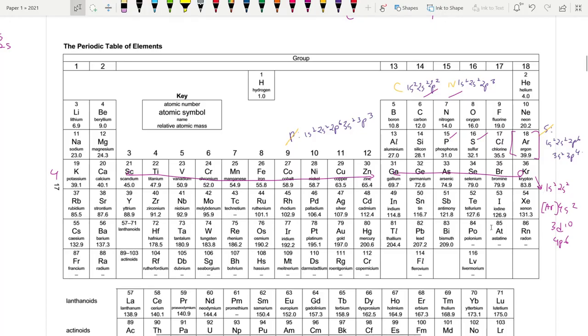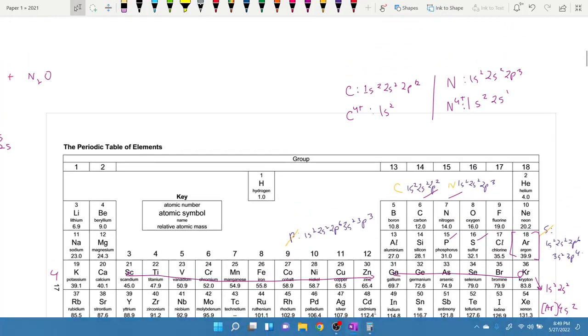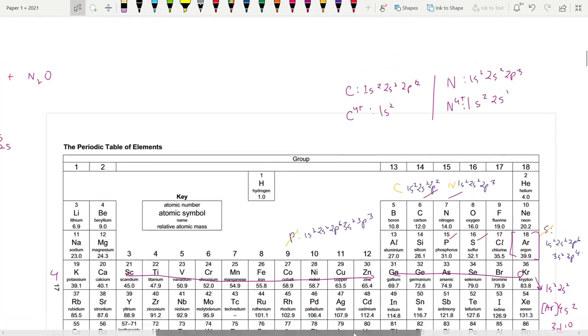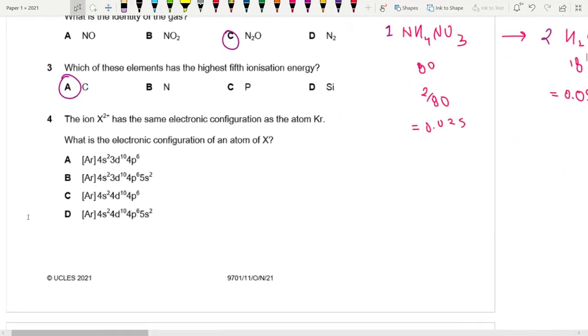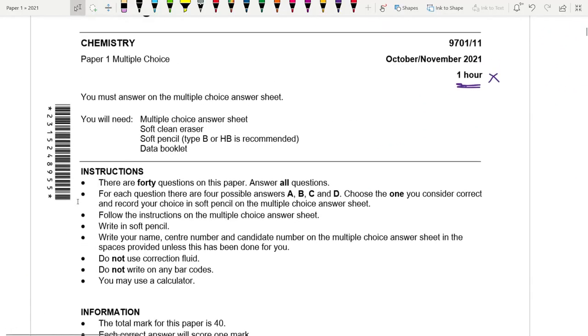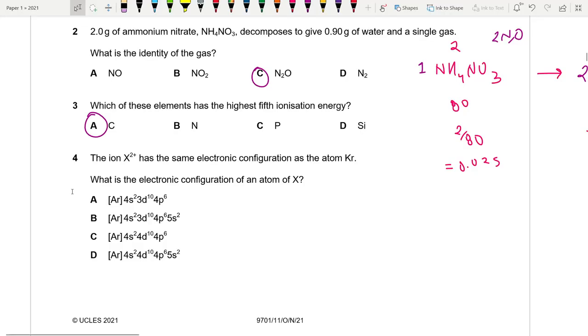So 4s2, 3d10, and 4p6. So that's what we're looking for. That's the configuration of krypton.